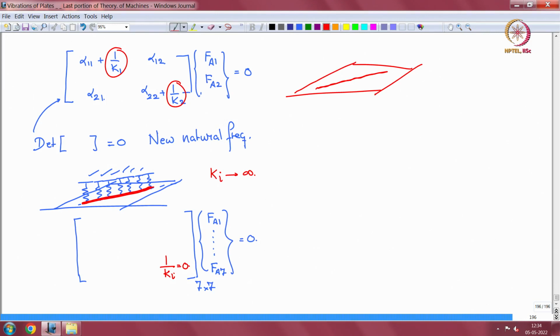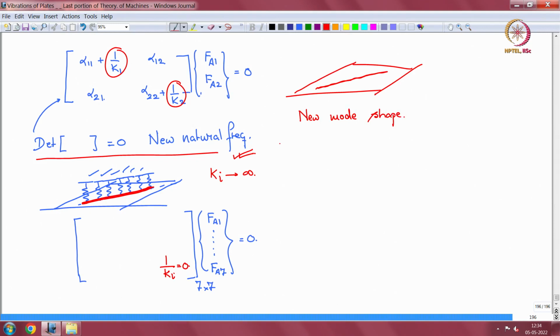Now, the determinant gives the new natural frequency. But what about the new mode shape?